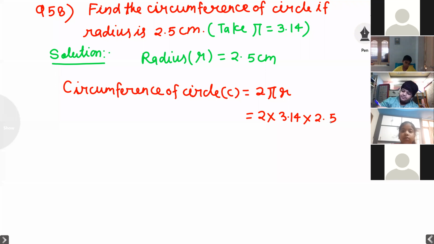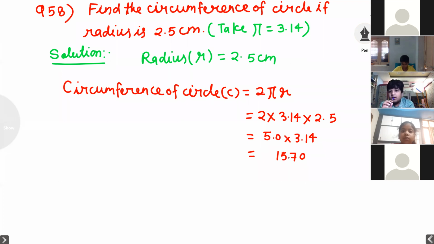I want to multiply 2.5 into 2, 5.0 into 3.14. 5 4 the 20, 2, 5 1 the 5 plus 2, 7, and 5 3 is the 15.